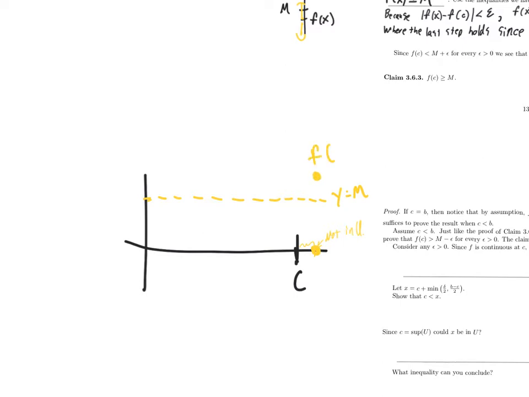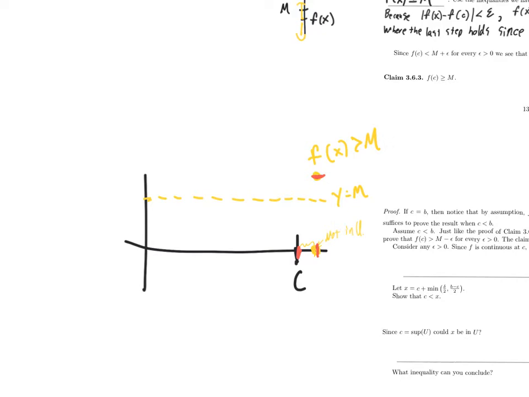So this point will have f of x bigger than m. Oh, wait, but similarly to before, this x value is really close to c, so this y value should be close to f of c. So f of c is really, really close to something that's bigger than m, so f of c should be bigger than or equal to m.